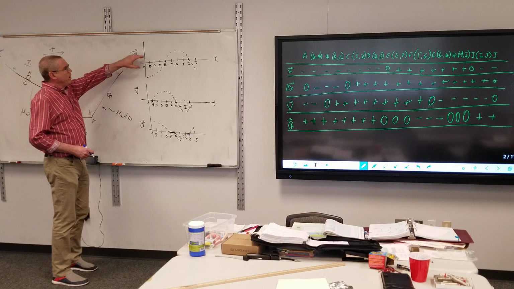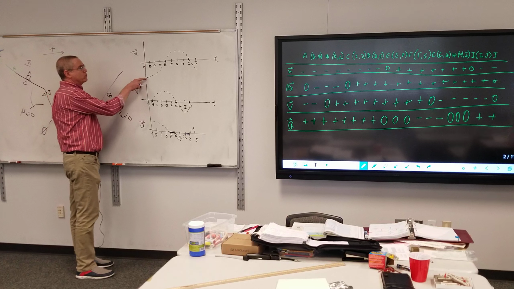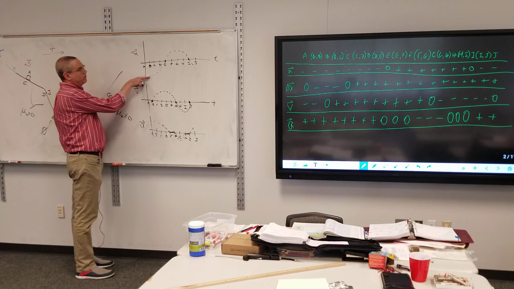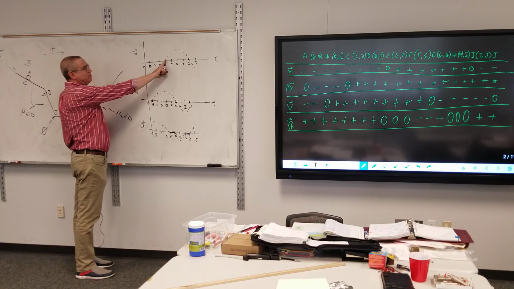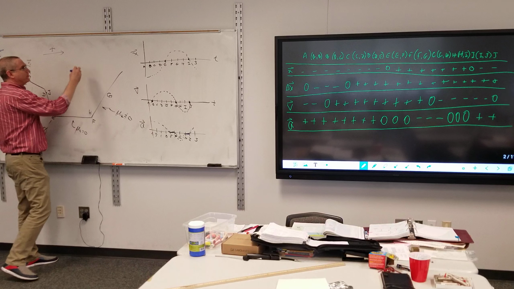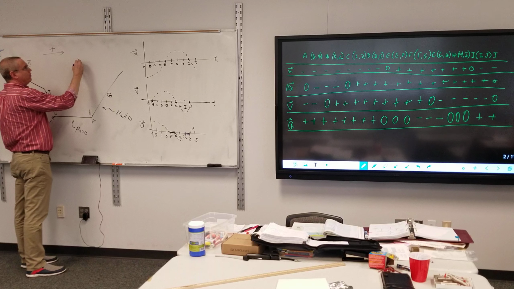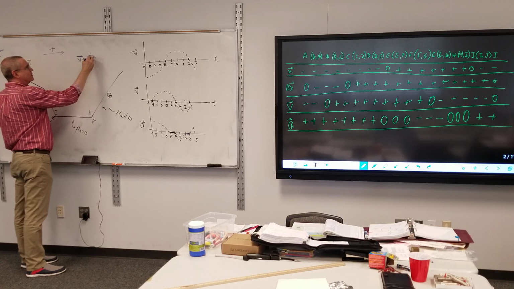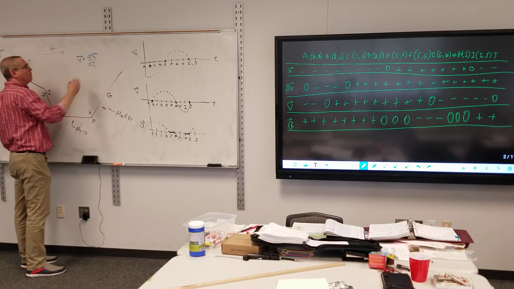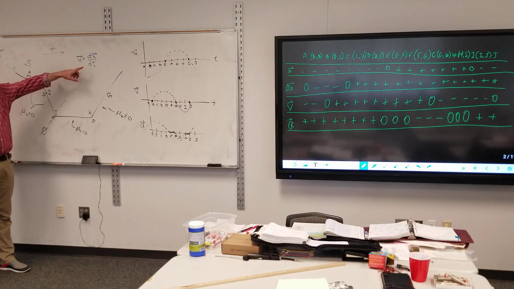The way I've drawn my position here, my position starts out with a relatively low slope and then gets steeper. Well, if we think about that from a velocity point of view, I know that velocity is dx/dt. What is this in terms of my position graph?